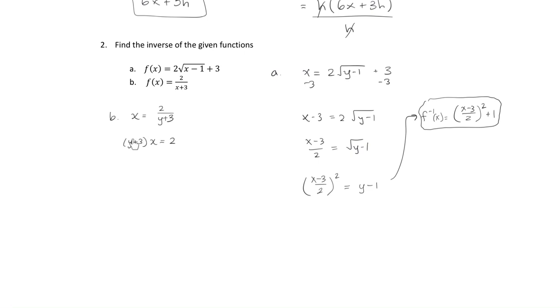We can either distribute the x to get rid of the parenthesis, or we can divide the x over to the other side. So that's what I'm going to do. I'm going to divide x like that. And then last step there would be to subtract 3. So then our inverse like that.